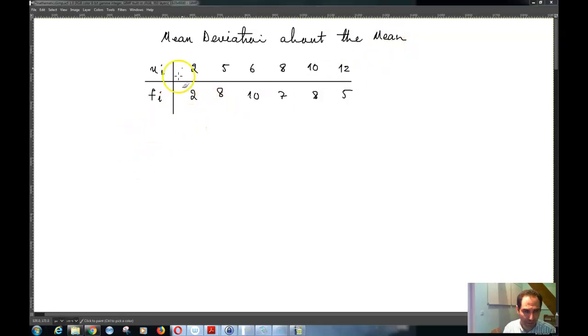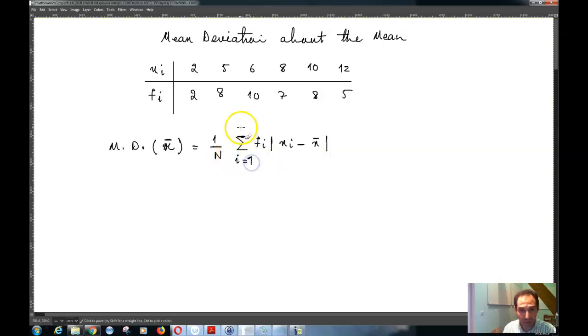Now what you want to do is basically find the mean deviation about the mean, and the mean is x bar, right? So that is the same thing as 1 over n times sigma of f of i times the absolute value of x of i minus x bar, as i goes from 1 to n.